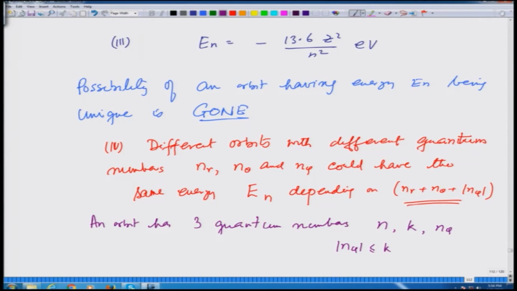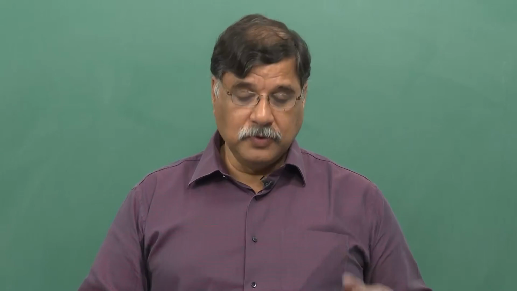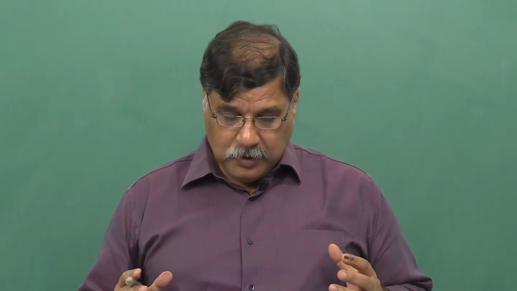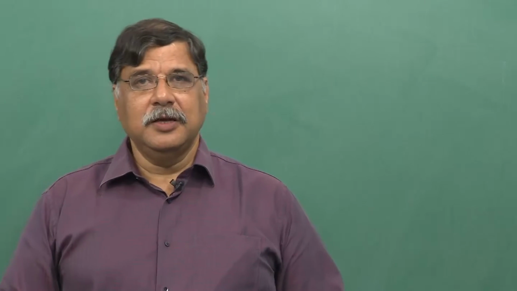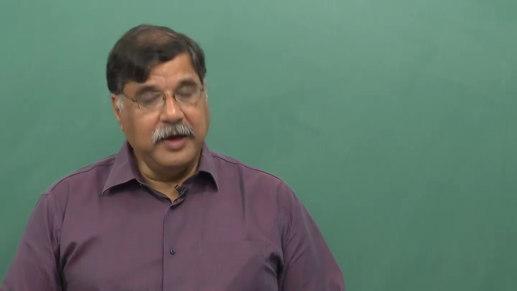So, these are ideas. I am just doing it to introduce you to how the idea of quantum numbers arose from these quantum conditions, and these are going to lead us to understand the quantum nature better and better.